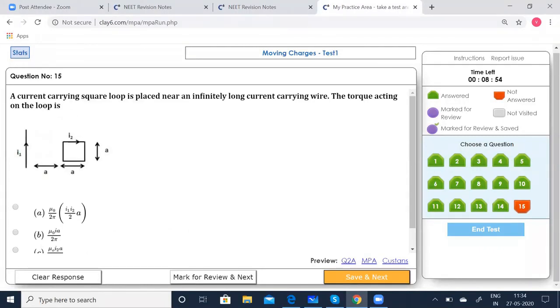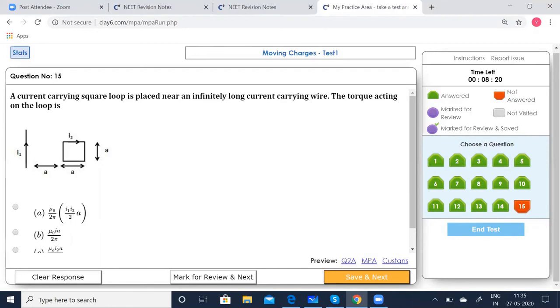A current carrying square loop is placed near an infinitely long current carrying wire. The torque acting on the loop is what? The forces acting on the limbs of the square are due to the current I1.